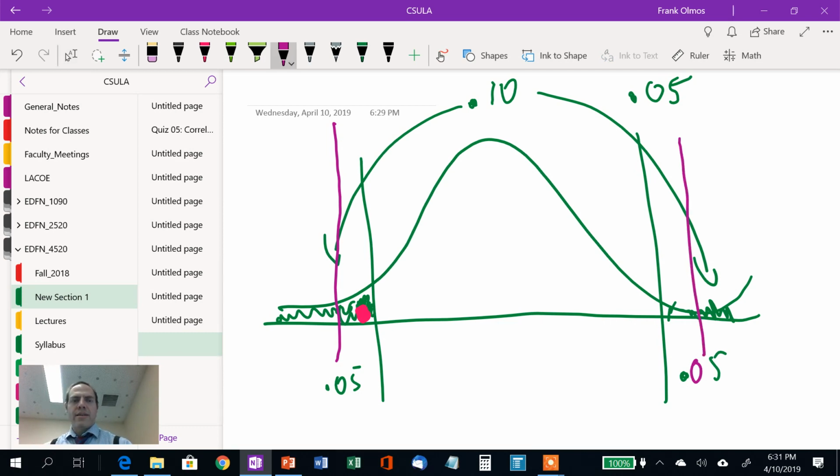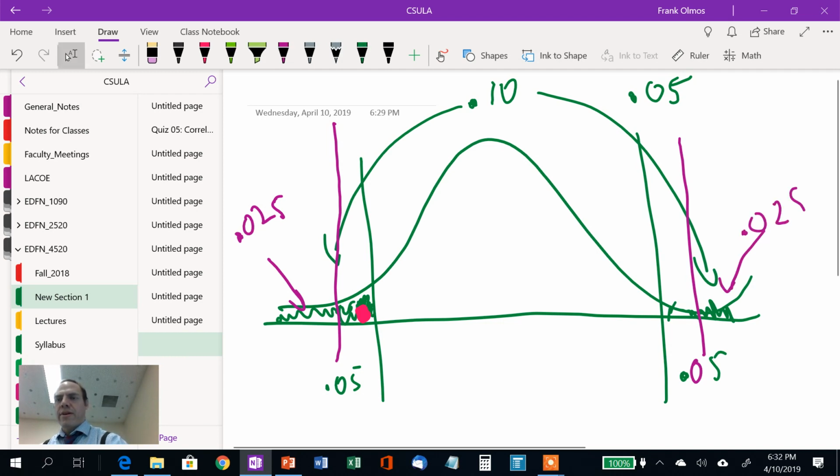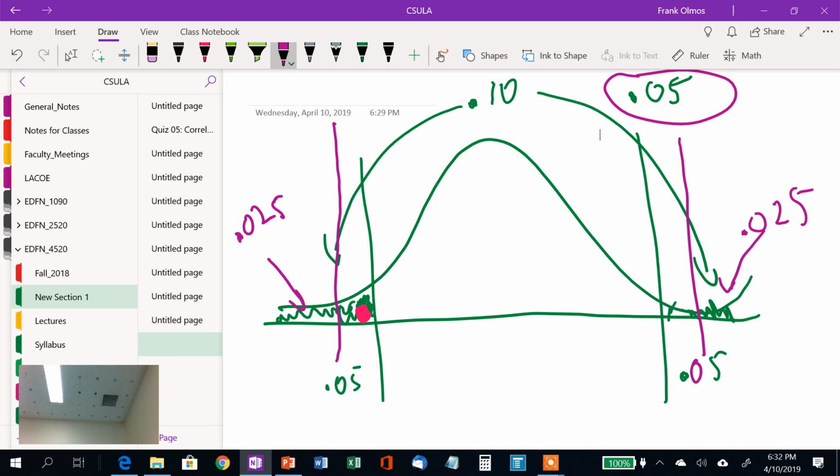And then this amount is going to be 0.025 on each side. All right, so now that represents the amount of region of rejection.